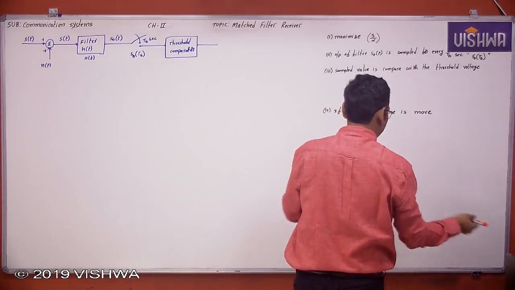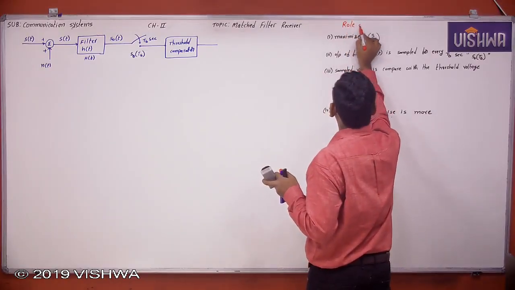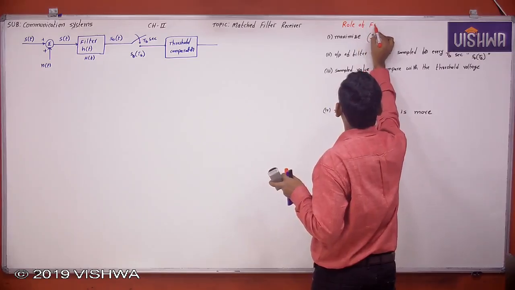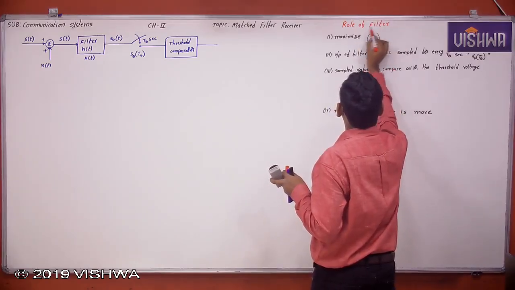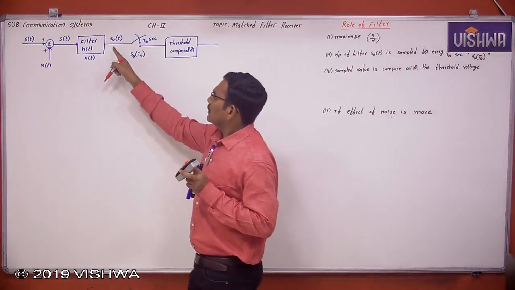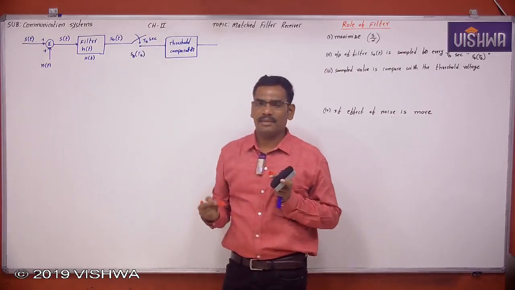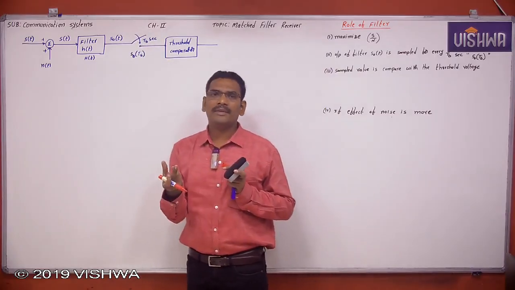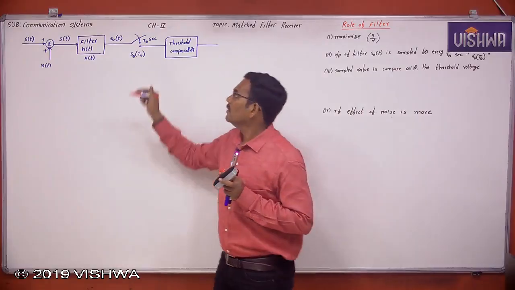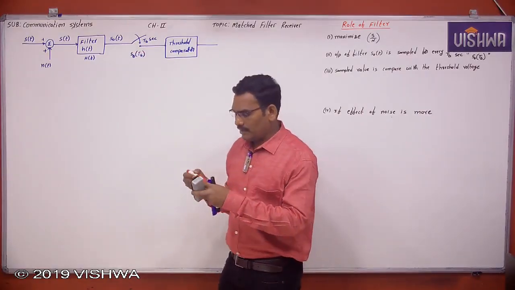Now see here, the role of the filter. Why are we using a filter? Now this filter output is sampled every TB seconds, because this is a digital system, and each bit has a duration of TB seconds. Therefore this signal is sampled over a duration of TB seconds.